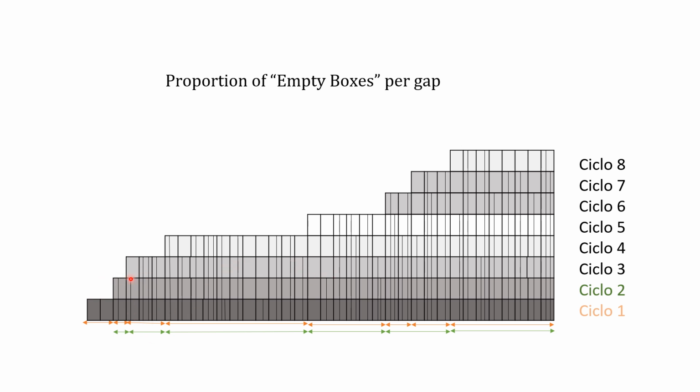And smaller ones will not catch as many empty boxes. The flips of the next cycle come quickly, you see? Here come the flips, so you will have a decrease in the empty boxes per length of the gap.